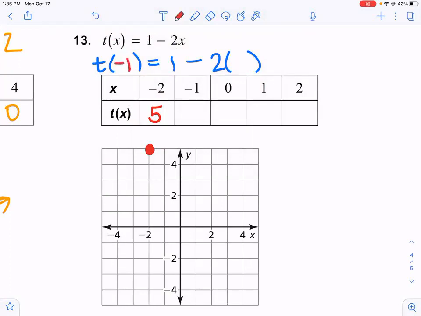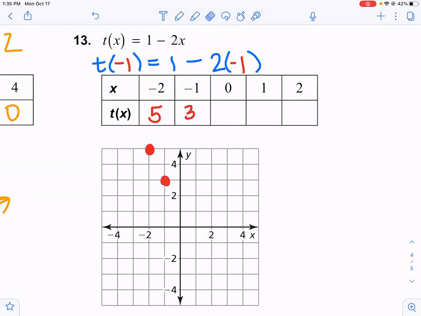When we plug -1 in for X, we have 1 minus 2 times -1. 1 plus 2. So 3.